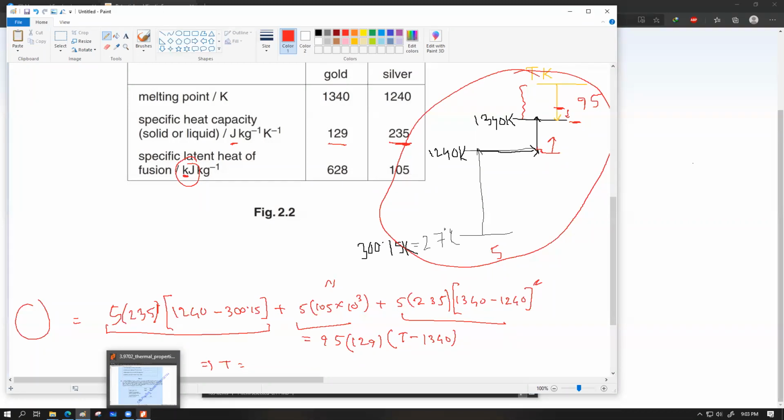Here at 1340 we keep the temperature constant for now, mix, and then cool, right? So in more realistic cases, the temperature will be higher than 1340, right?